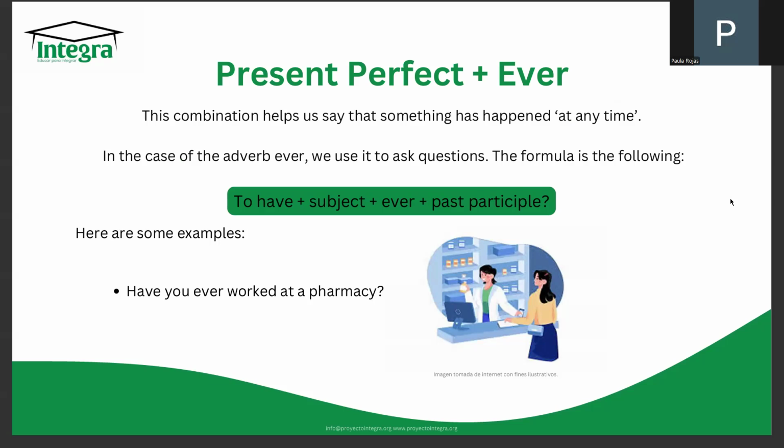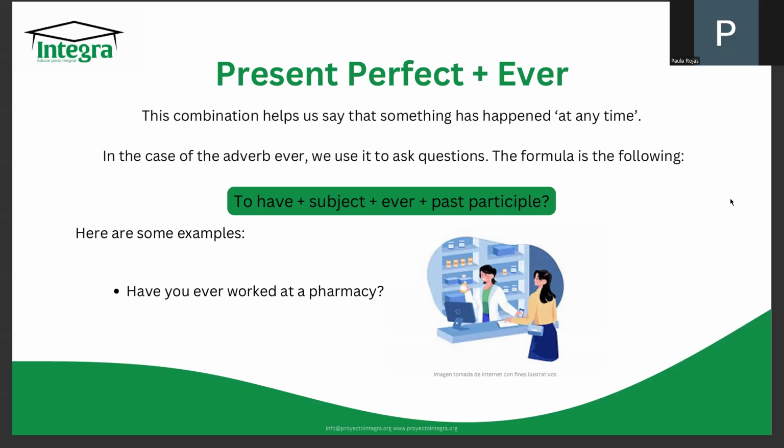And something very important with this is that we usually use it with questions. We use this to ask questions. And as we remember, the formula for the questions was to have, subject, and past participle. Now we have the word ever. So we add it in between the subject and the past participle. To have plus subject plus ever plus past participle.